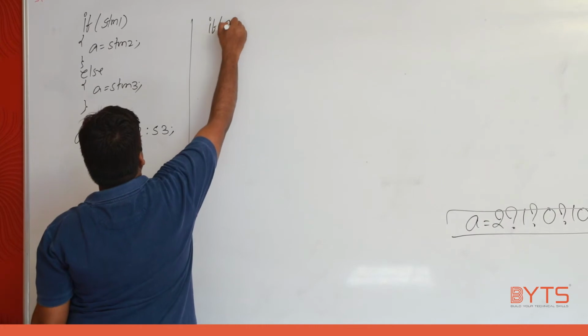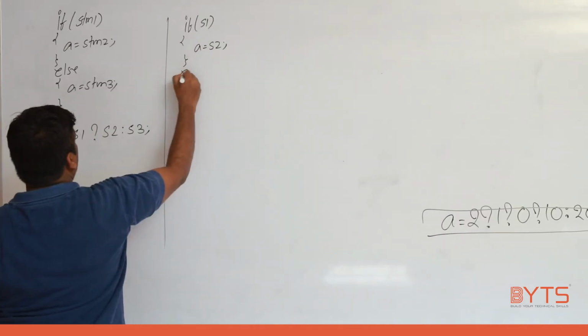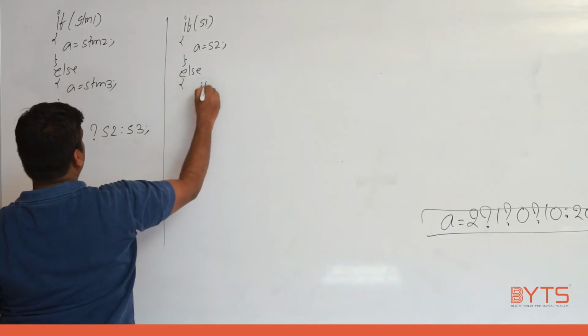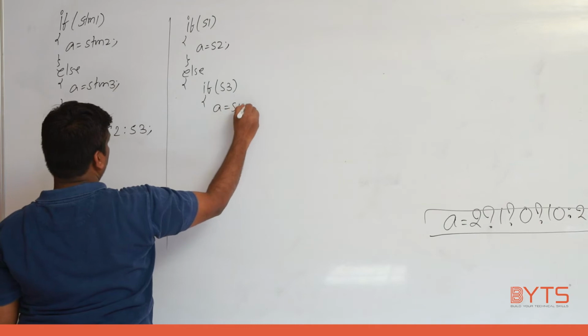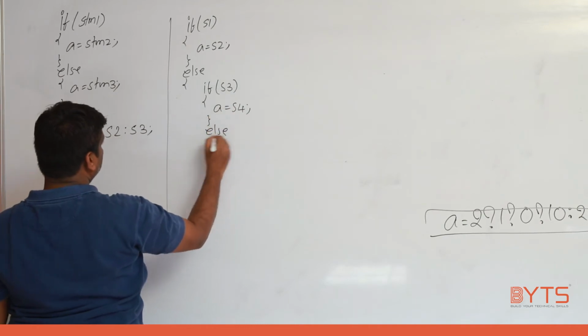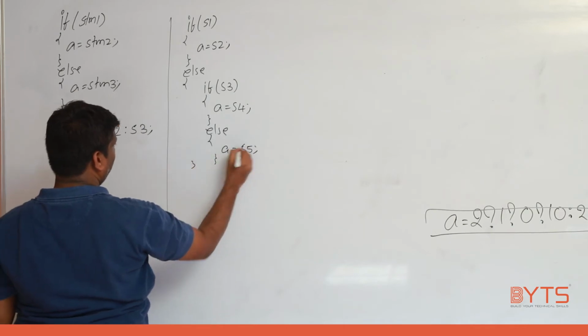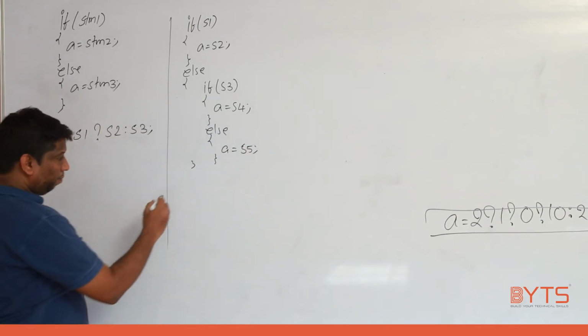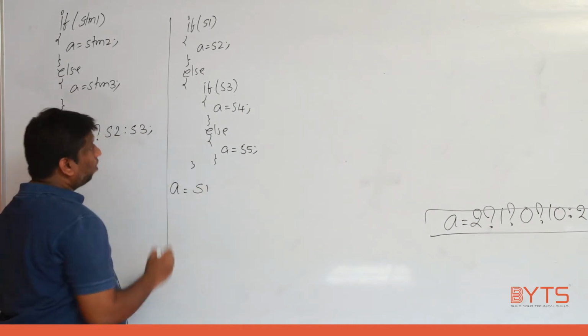If statement 1 A is equal to statement 2 else if statement 3 A is equal to statement 4 else A is equal to statement 5. Well, now understand, first step A is equal to statement 1.